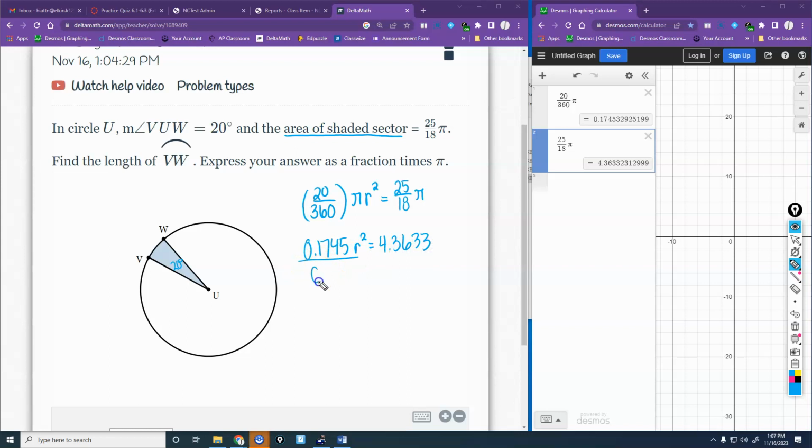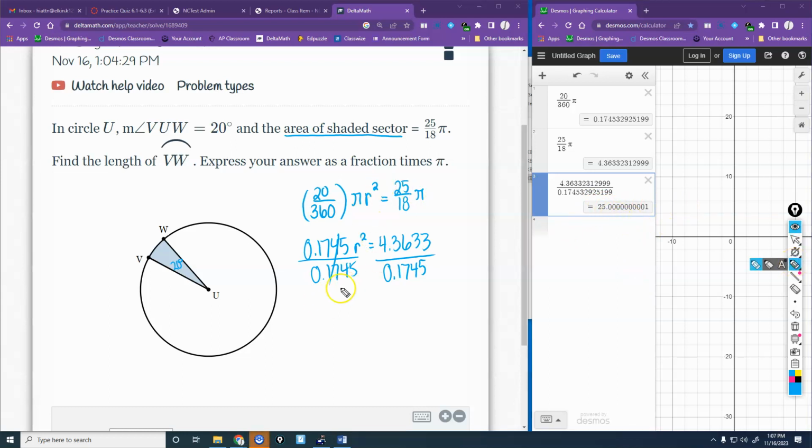And so we would need to divide by that 0.1745. And I'm going to copy and paste these numbers. Copy that one, divide it by, copy this one. Alright, so you get 25.001. It's just 25. It's all it really is there.